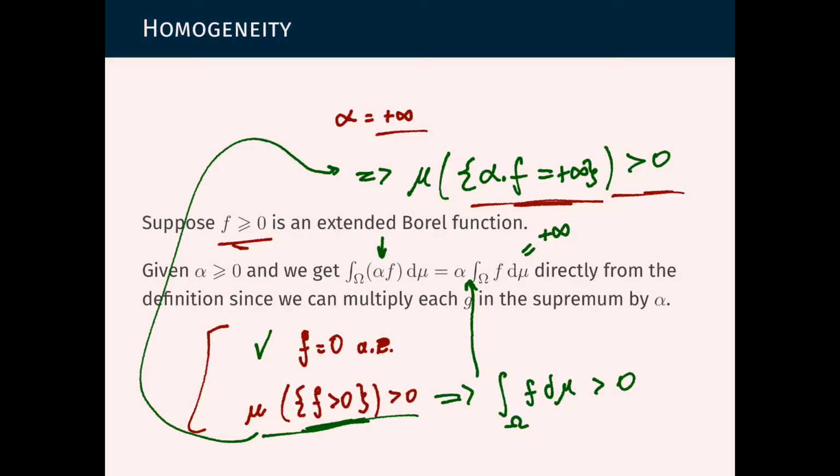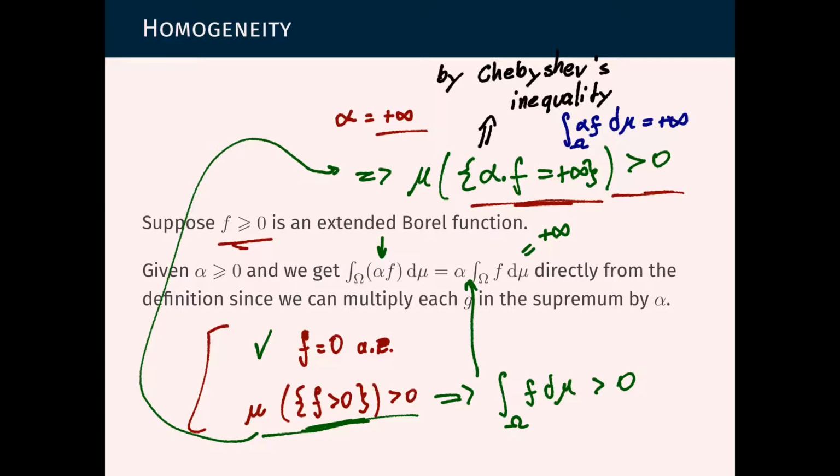Then we can show that this integral becomes infinite using Chebyshev's inequality, but backwards. So we conclude that the integral of alpha f dμ equals plus infinity. So this case checks out too.